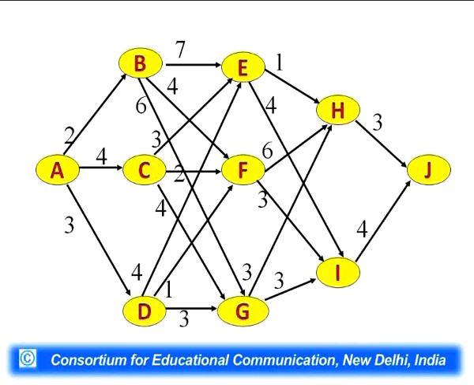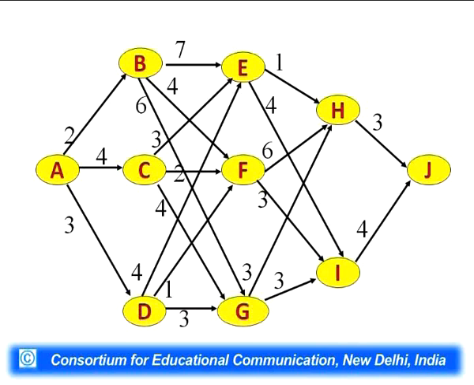Our aim is to come from A and reach the point J, which is the final point. Say for example, A to B, the distance is 2 kilometers and from A to D, the distance is 3 kilometers. And similarly, all the distances are mentioned on all the routes. And all the routes which are possible are shown in this diagram.